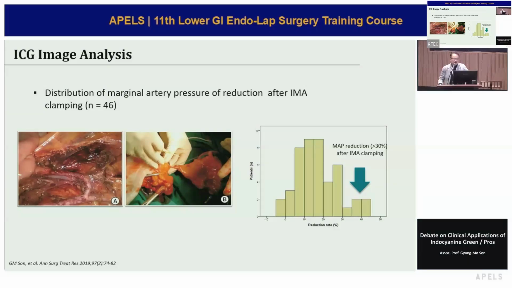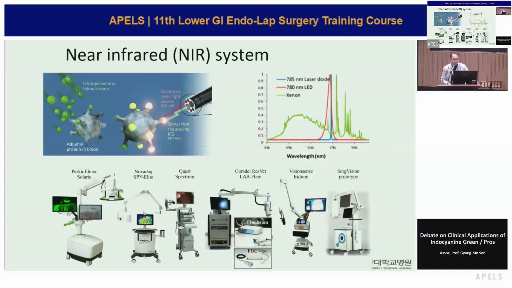I found that almost 10% of patients have an abrupt decrease of the marginal artery pressure after IMA clamping. So 90% is okay. High ligation, low ligation is no problem, but 10% have a high risk of ischemic colitis after high ligation of the IMA. At that time, the near-infrared camera system was introduced in my hospital.